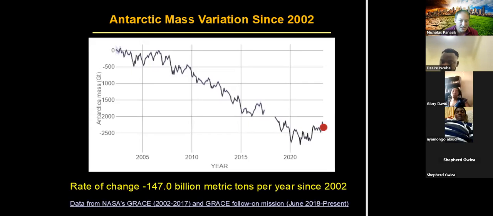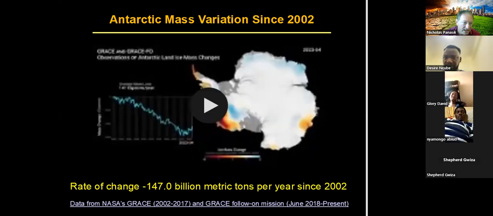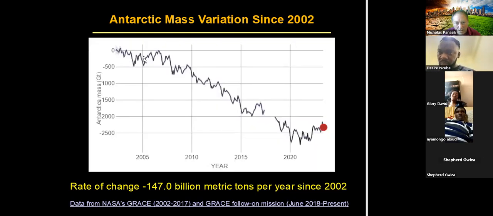So here are measurements of Antarctic ice. What we're seeing here is, from 2004 to 2023, these are our Antarctic ice level measurements.